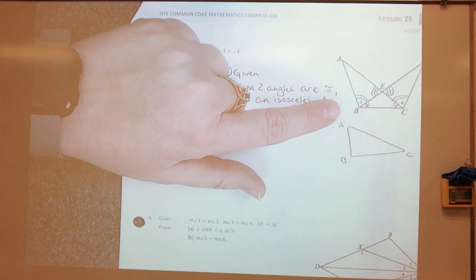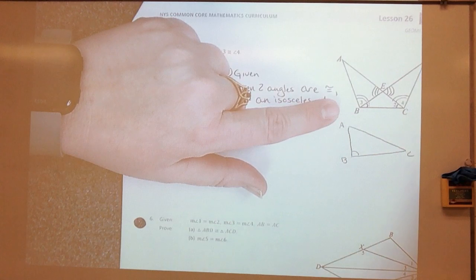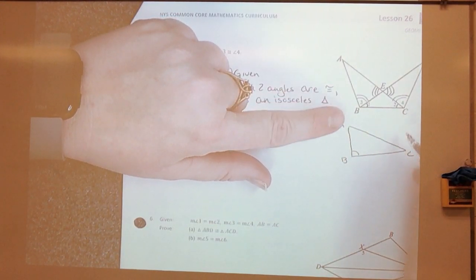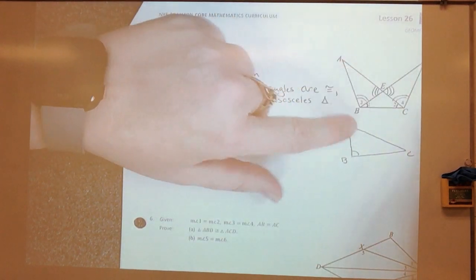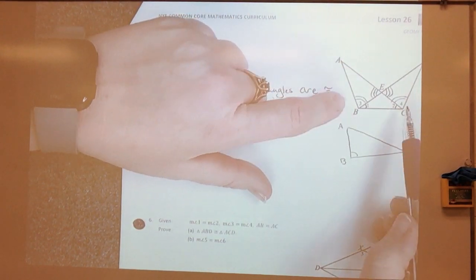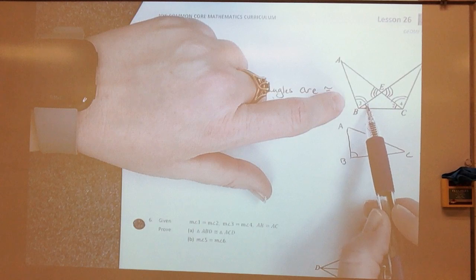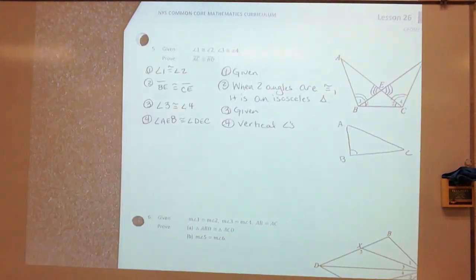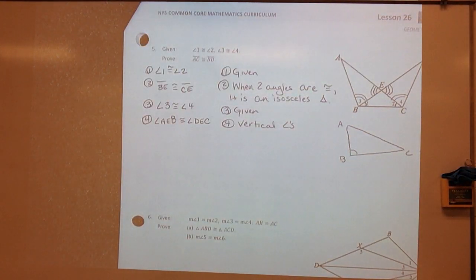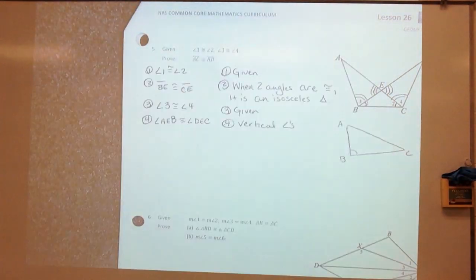I know these two angles, ABC and DCB, are equal, because these two parts are equal and these two parts are equal. So I already know those two angles are equal. I need to look at proving these two triangles are congruent.